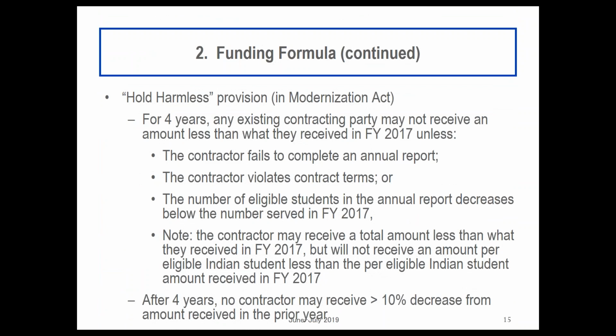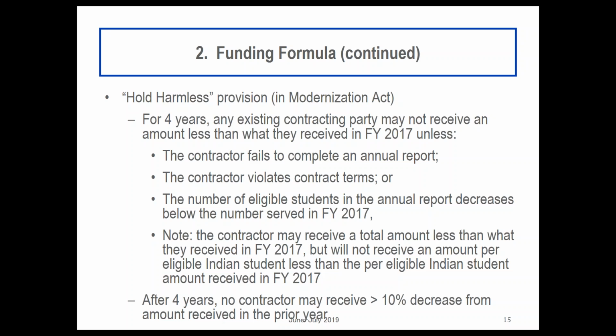And then on the next slide, it's the hold harmless provision. The JOM Modernization Act includes a hold harmless provision that remains in effect for 4 years, which states that any existing contracting party may not receive an amount that is less than the amount that the party received for the fiscal year preceding the date of enactment of the Act.